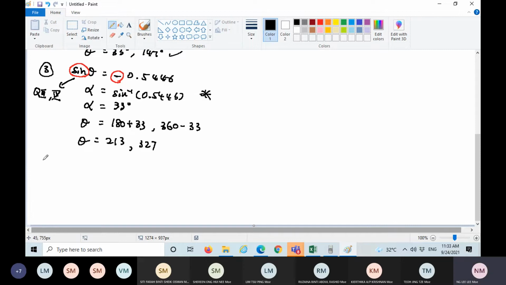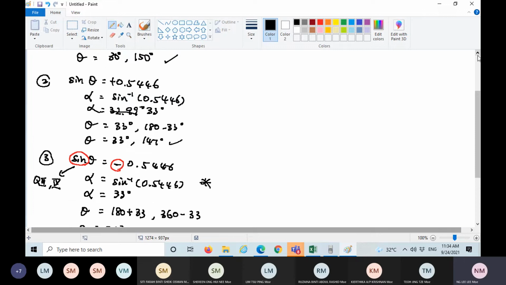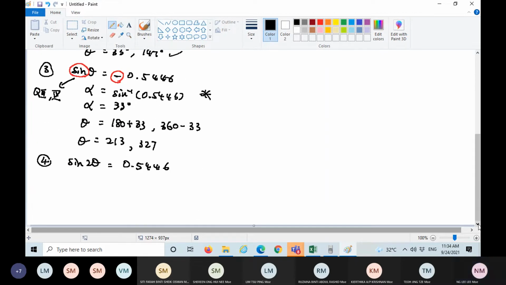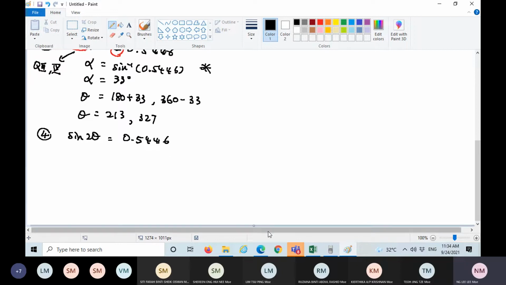Now we go to the fourth example. Remember, it is more and more difficult already. Can you see the difference or not? This question and number 2 are still 0.5446. I like this number. But question number 2 is sine theta, and question number 4 is sine 2 theta. For this kind of question, no matter sine 2 theta, 3 theta or 4 theta, don't care, just continue.